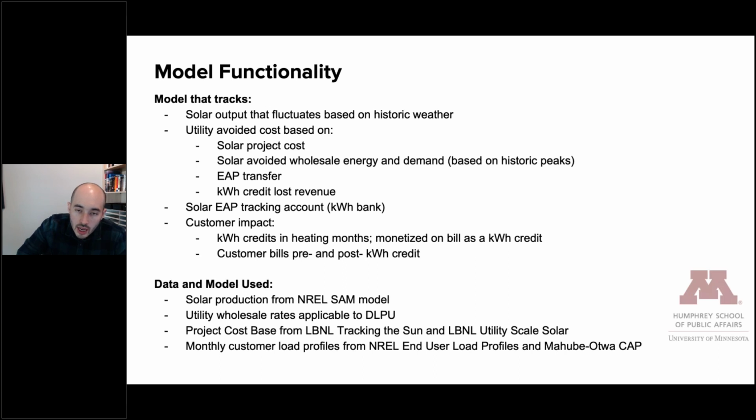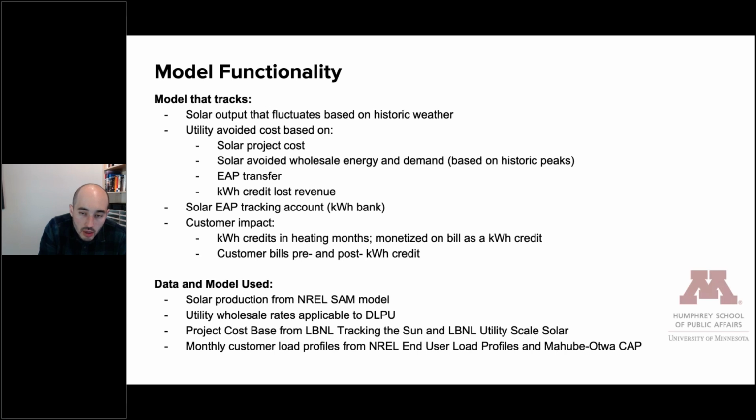We then are looking at this EAP transfer from the CAP back to the utility. And we're using a couple of historic bills, real world bills, to understand what those monetary values might be. And then we're tracking that kilowatt hour bank as it accumulates and then gets drawn down.